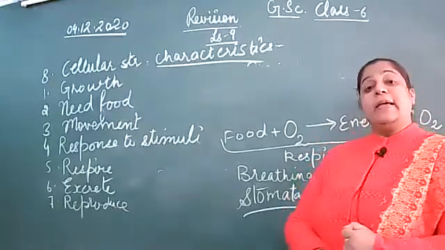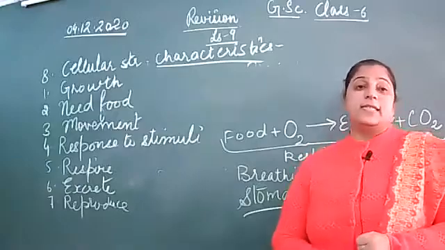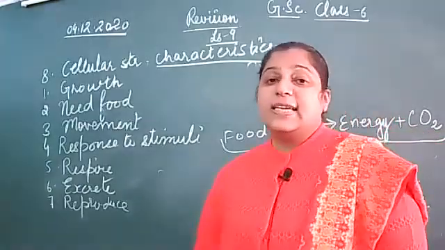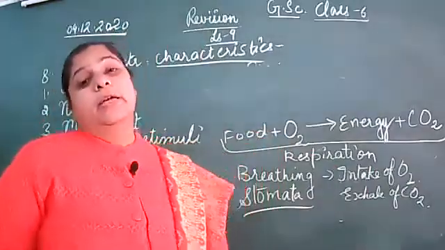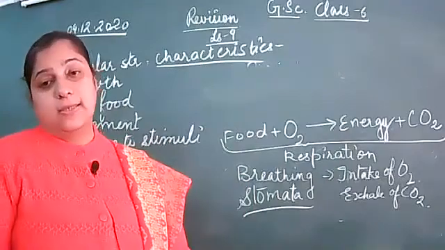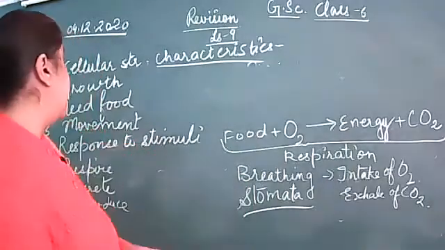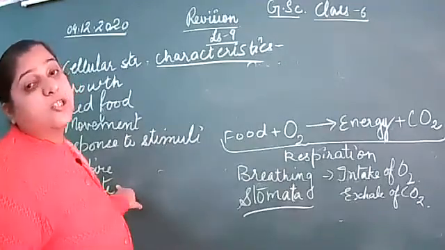In that, waste products are also formed inside our body. These waste products need to be removed. If not removed, they may be poisonous and harmful to us. So this removal is known as excretion.